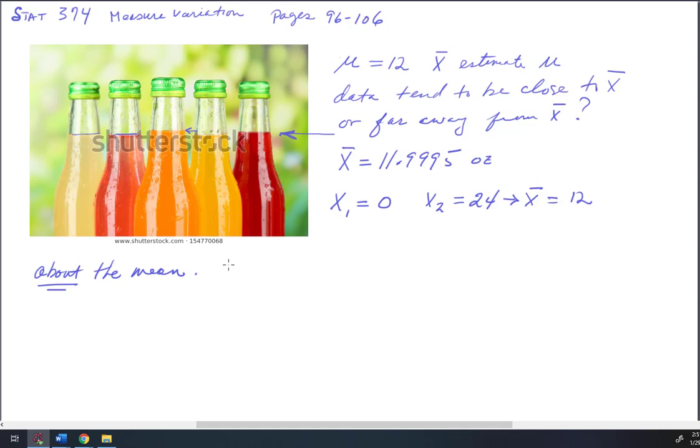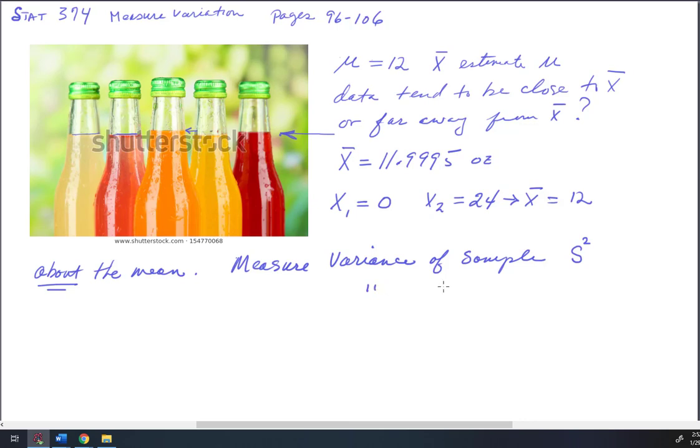And we want a mathematical measure, a quantitative measure. The measure we're going to use is the variance. If we're talking about the variance of a sample, then we're going to use the English letter S with a little squared on it.